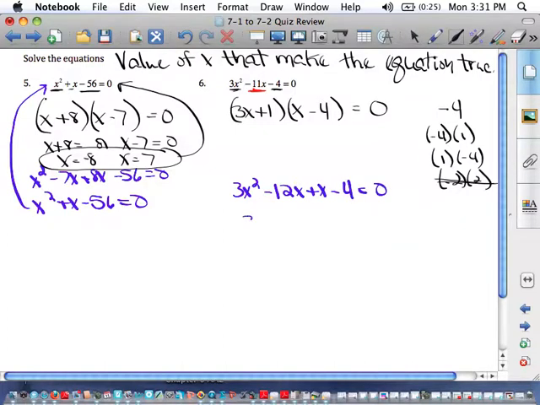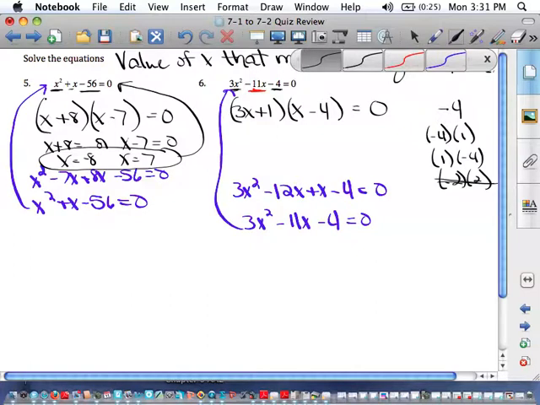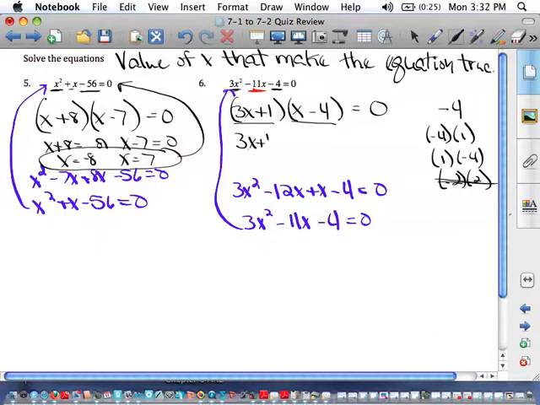When I combine like terms, I have 3x squared minus 11x minus 4 equals 0. And that's the equation I started with. So I know that I have factored it correctly. So then I look at my two factored terms, and I know that either 3x plus 1 equals 0 or x minus 4 equals 0.